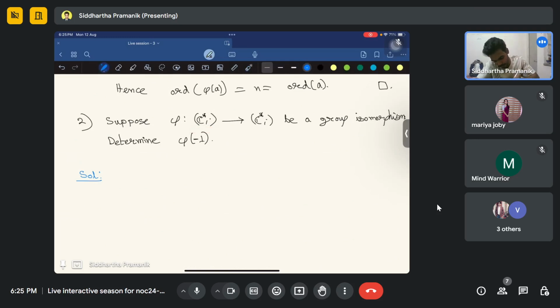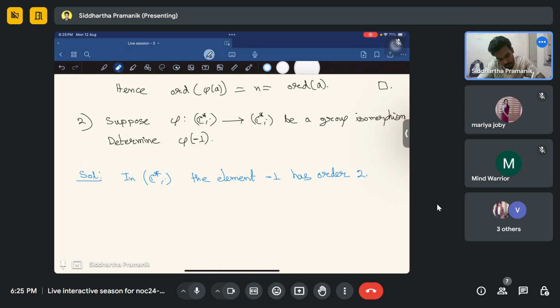Let me write on this. In C star, the element -1 has order 2. So phi of -1 also has order 2. So you need to determine which elements in C star have order 2.